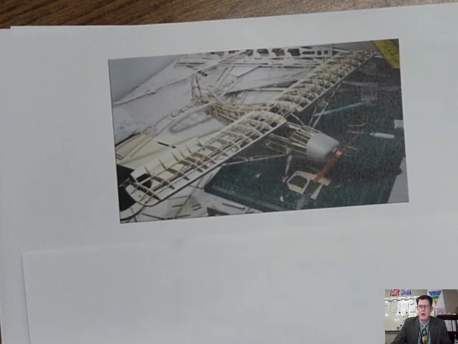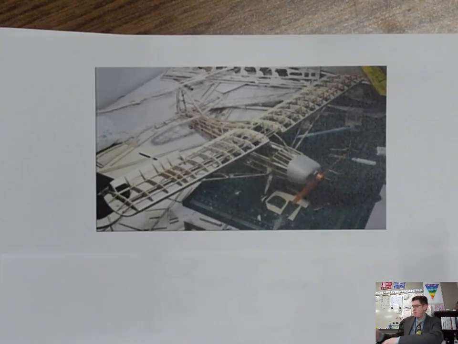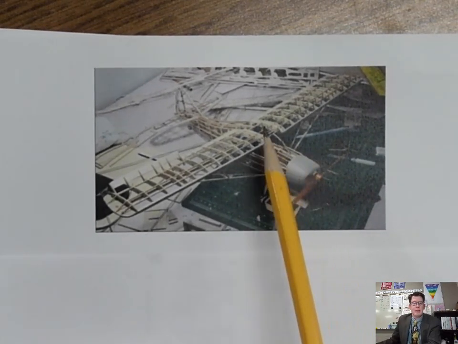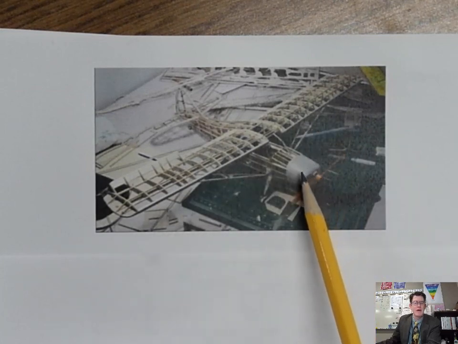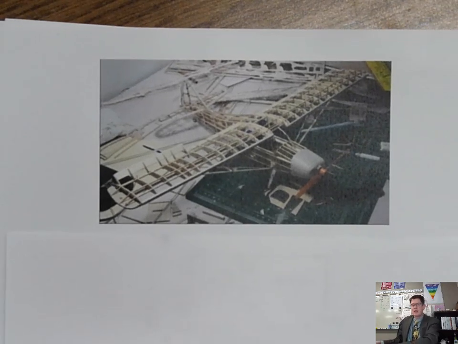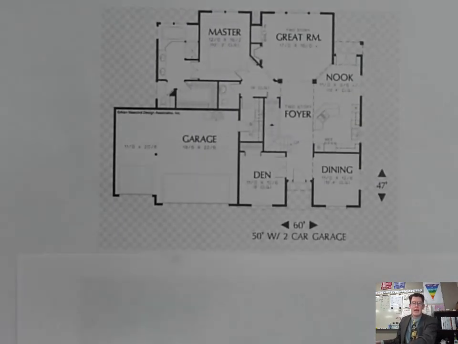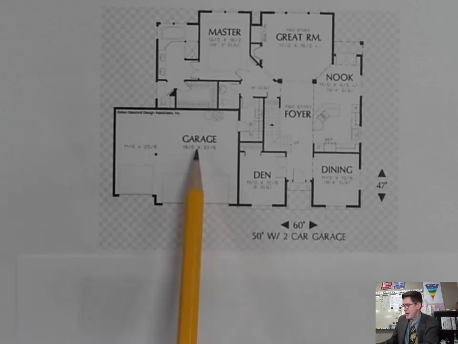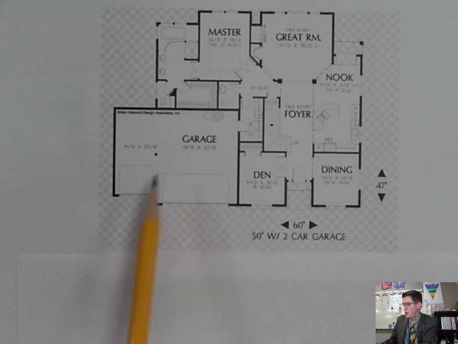Have you ever built a scale model of something? When you build that scale model, they study the dimensions, and this is the exact same dimensions of a plane. When you make a scale model, they just make it with smaller dimensions. Or when they do a house plan, on the actual house plan, it'll say, hey, this is 19 feet by 22 feet, or this is 11 feet by 20 feet.